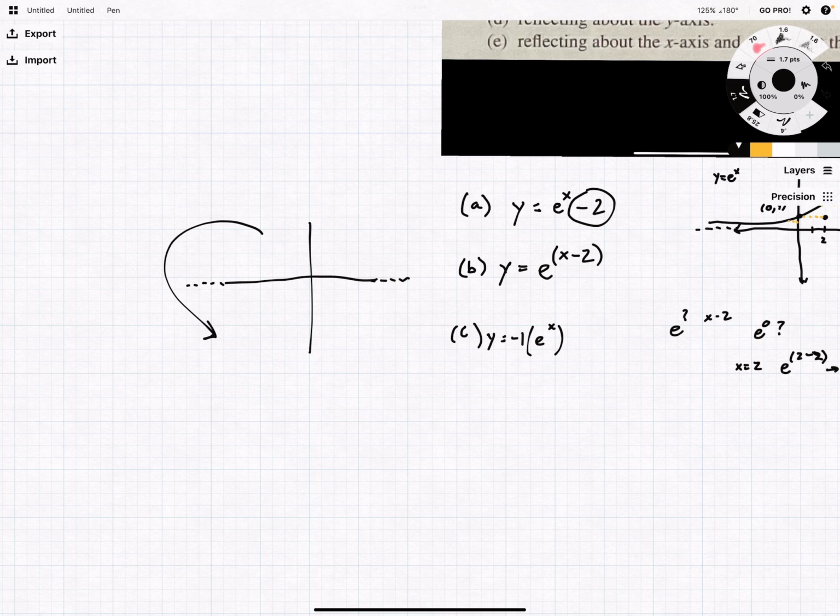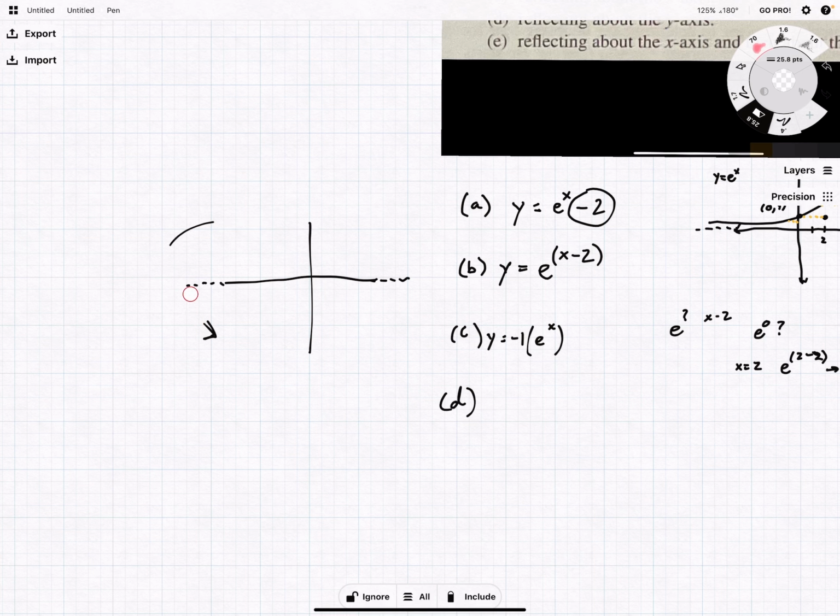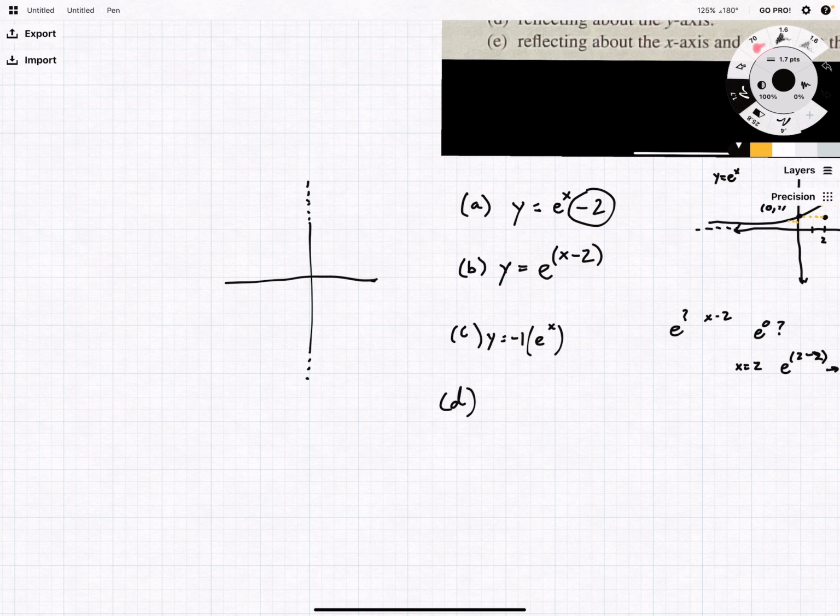Okay? For part D, if it's about the y-axis instead, then it'll have to be -x instead. So we'll have y equals e to the -x. And the reason for that is because, well, let's start with e to the x.